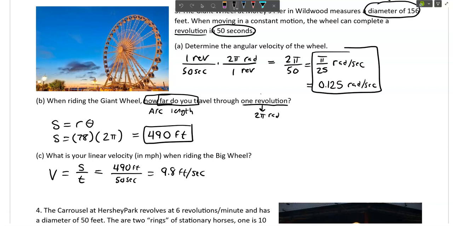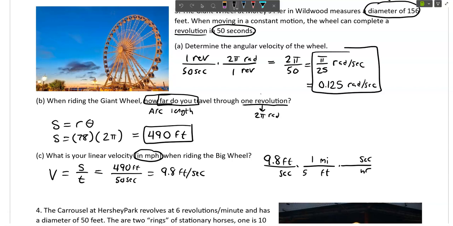Now that's not the answer, because I do want to get the answer in miles per hour. So let's do one last conversion, and then we'll be done. So 9.8 feet divided by seconds. When we're doing this conversion, just remember we have to get rid of feet and turn it into miles. We have to get rid of seconds and turn them into hours.